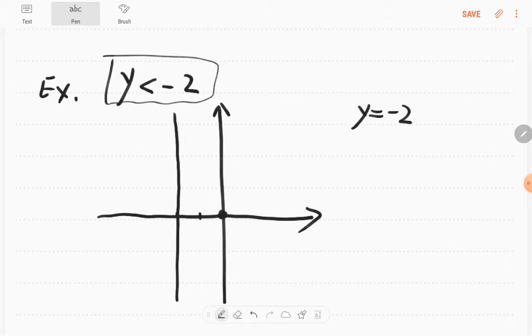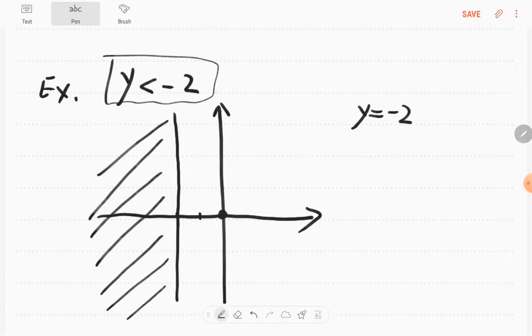No. 0 is greater than negative 2. So the region including the origin, the side containing x equals 0 and y equals 0, represents y greater than negative 2. The other half would be y less than negative 2.